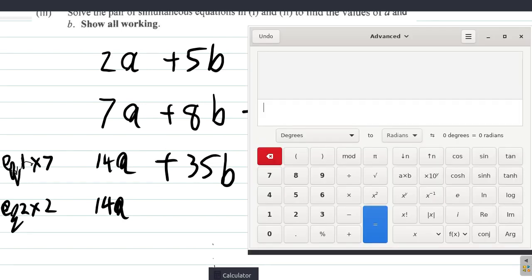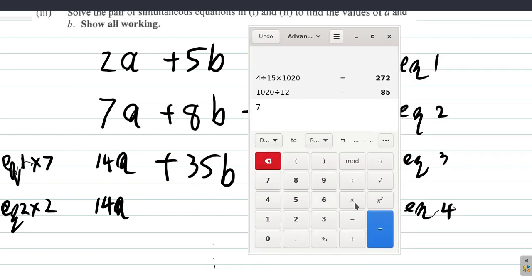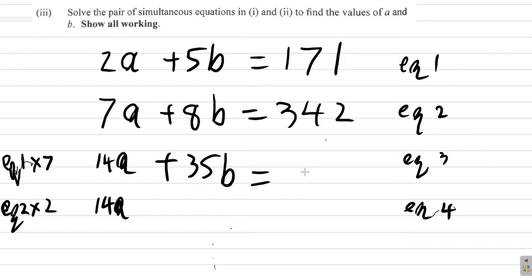So here, this is 7 times 171 gives us 1197. So that's going to be 1197. Let me write it further up here. 1197. That's equation 3. See that?